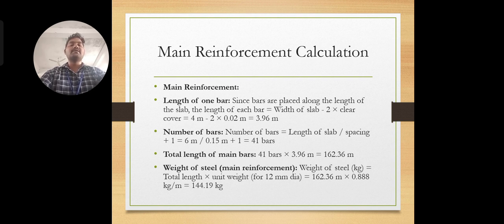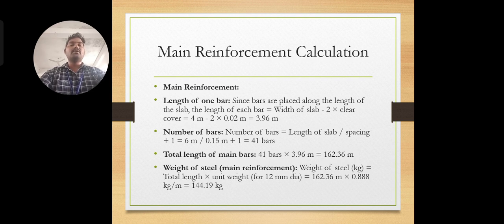Similarly here, the same thing applies. For the main reinforcement, the length of one rod is equal to the width of the slab minus 2 into clear cover, because in the width direction we leave one cover on one side and one more cover on the other side, so we take 2 times the clear cover.